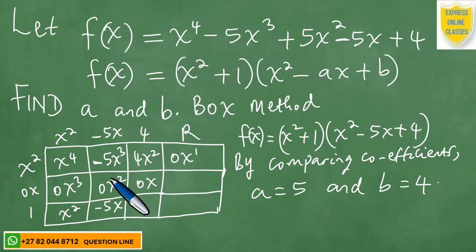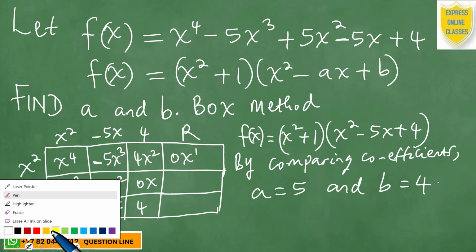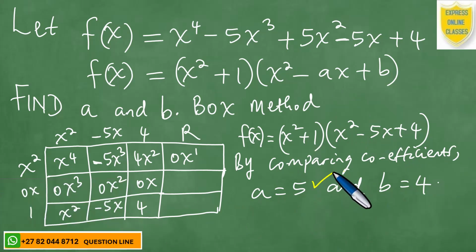The question was to find A and B, and therefore we can see that our A is exactly positive 5, and our B is plus 4. We have solved this problem in a step-by-step fashion, and we have solved the first part where we were to find A and B.